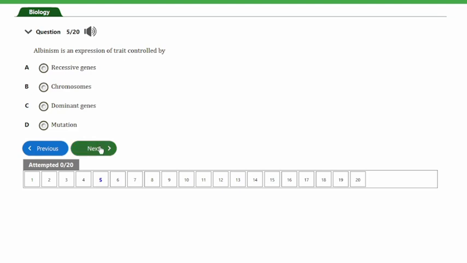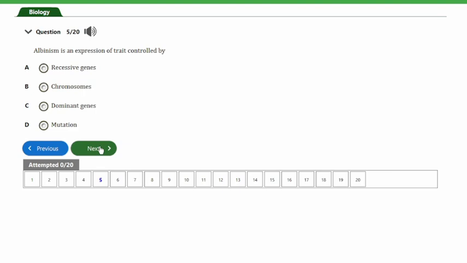It says, albinism is an expression of traits controlled by A. recessive genes, B. chromosomes, C. dominant genes, D. mutation. So guys, the answer to this question is option A, and that's recessive genes. So albinism is a genetic condition where people are born without the usual pigment in their bodies.